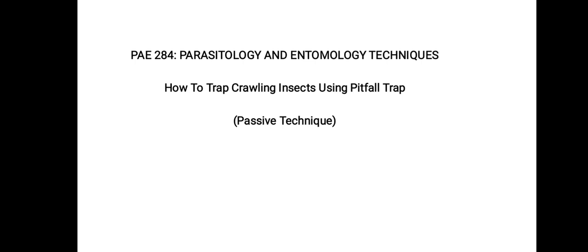Recall that pitfall traps are used to collect more of insects that crawl on the ground or in the field. Pitfall traps cannot be used to collect flying insects effectively.